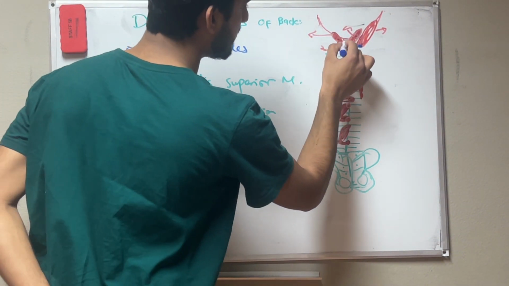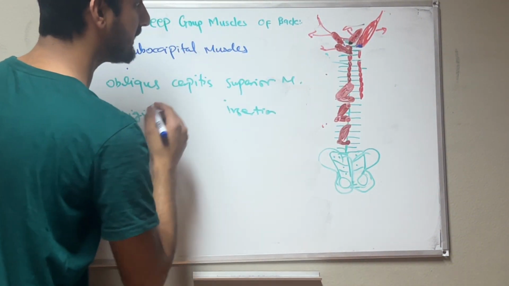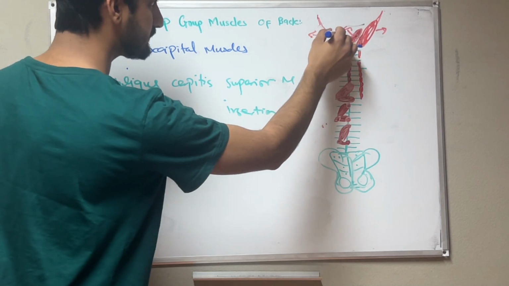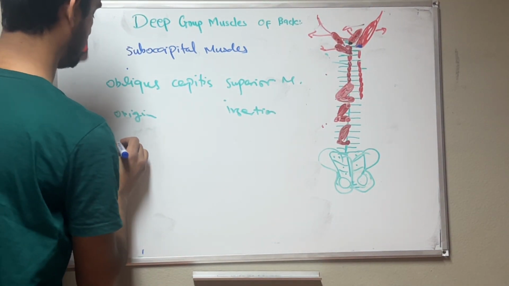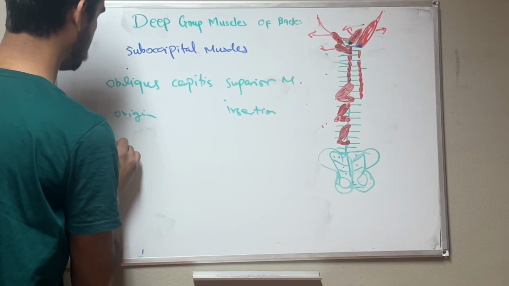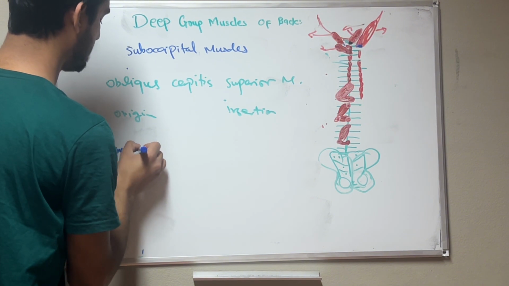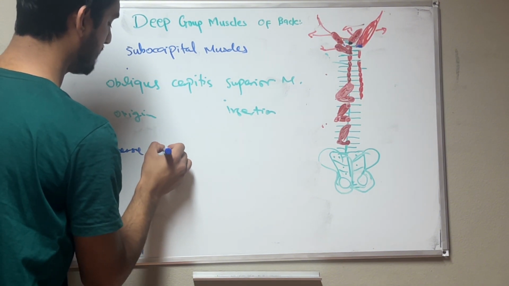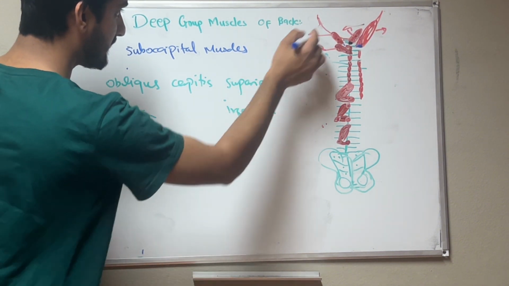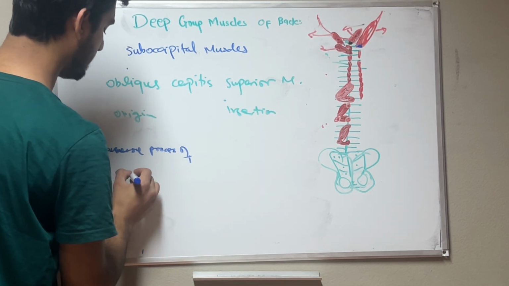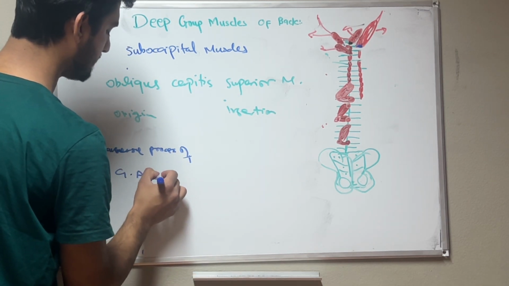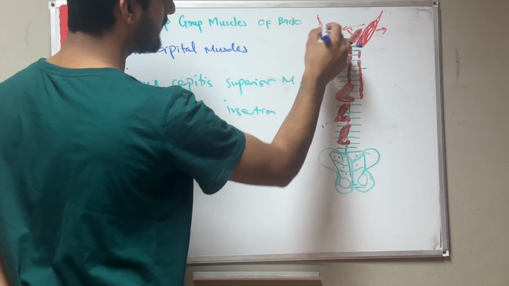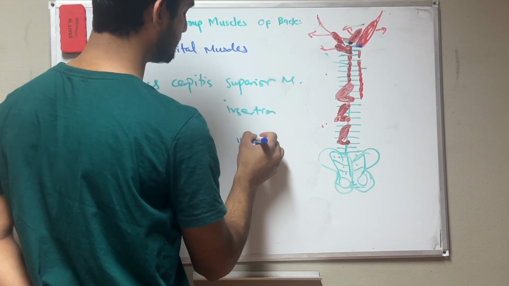Now the superior one, here which transverse process of what? Transverse process of C1, atlas, okay, atlas, and inserted into the inferior nuchal line.